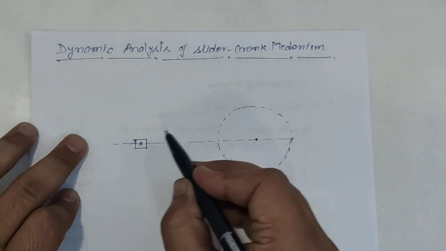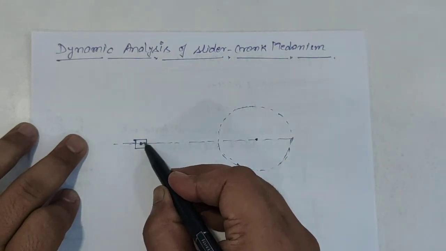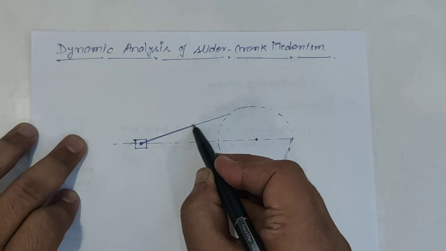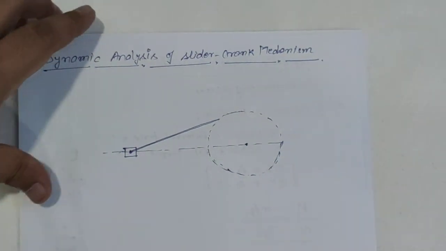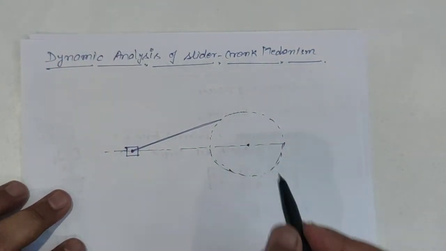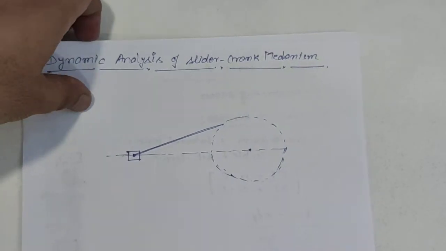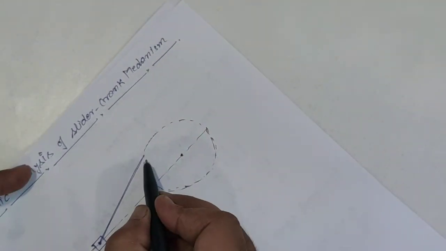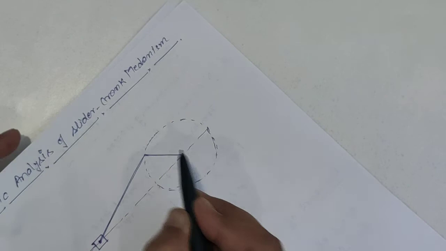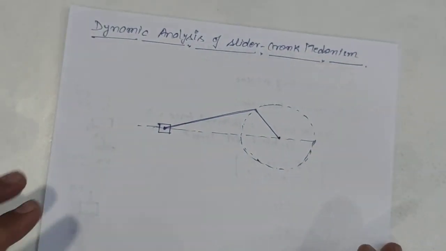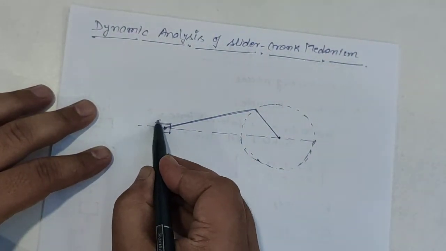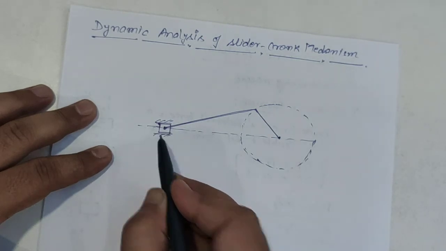This is the connecting rod. Crank, connecting rod, and the slider, which is having linear motion.